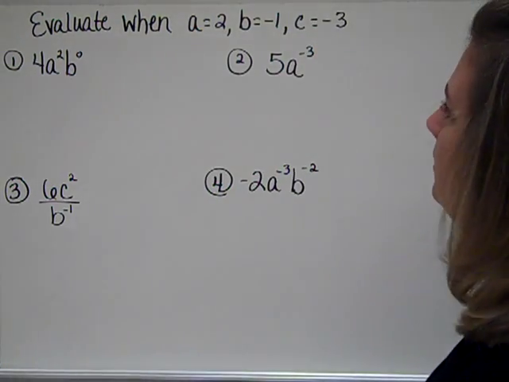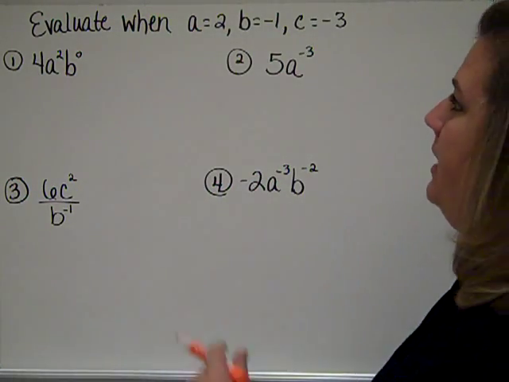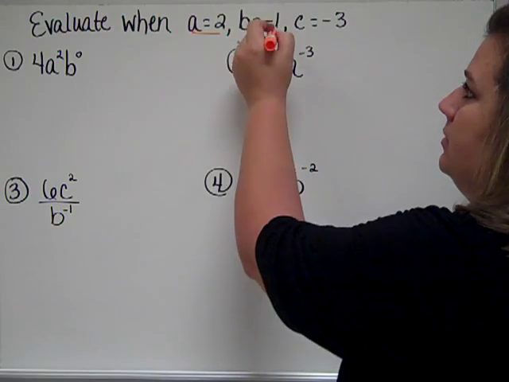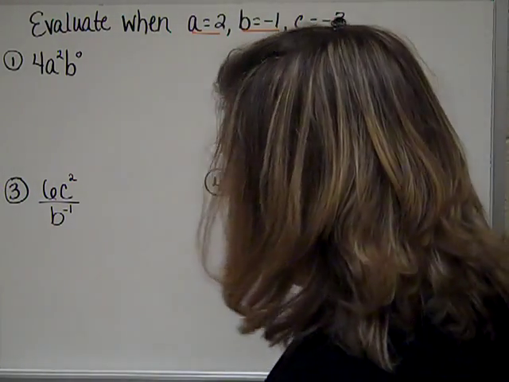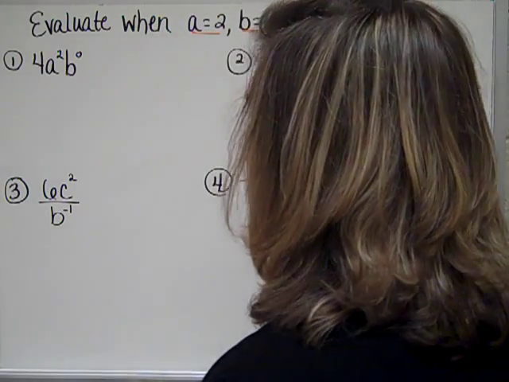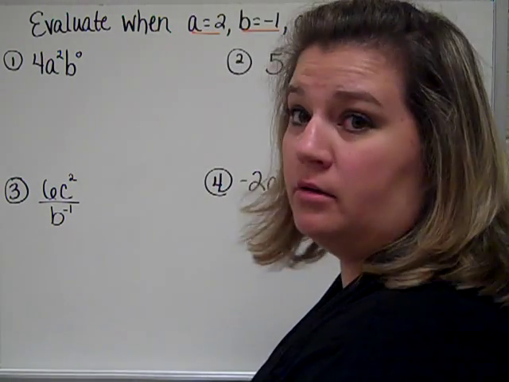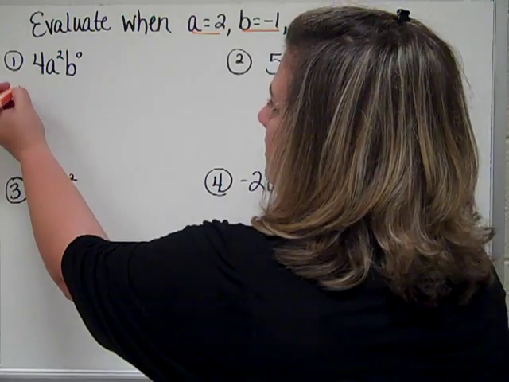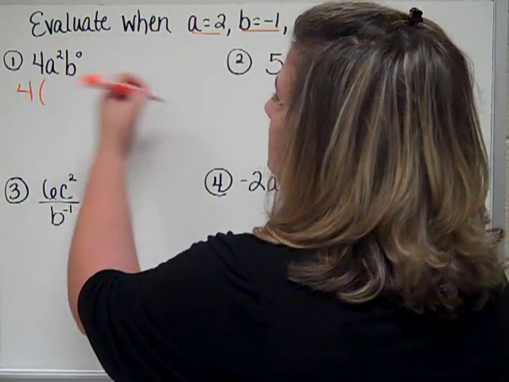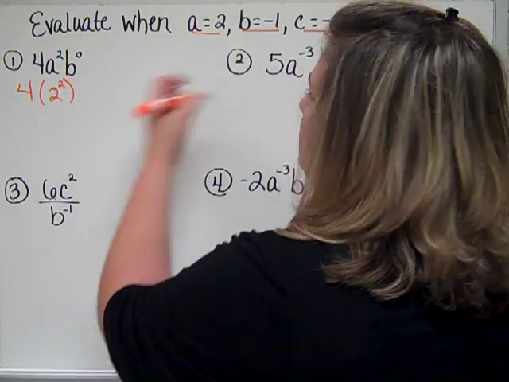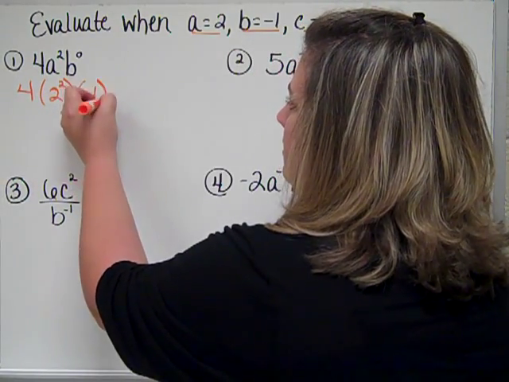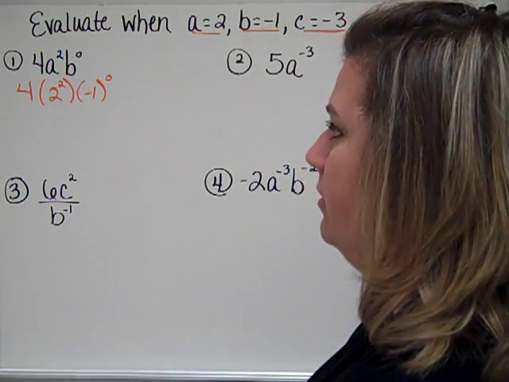All right. Let's evaluate. So I have A is 2, B is -1, and C is -3. So let's go ahead and plug in what our variables are representing. So A is 2, so that's 2 squared, and B is -1, and that is to the 0 power.